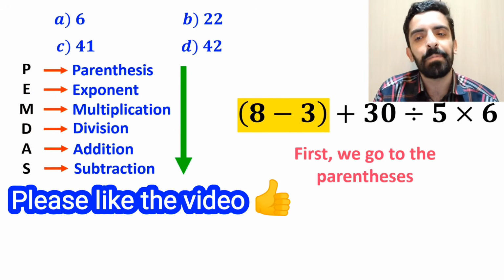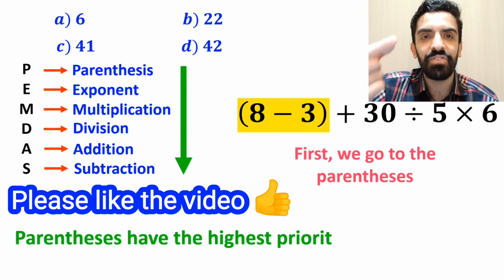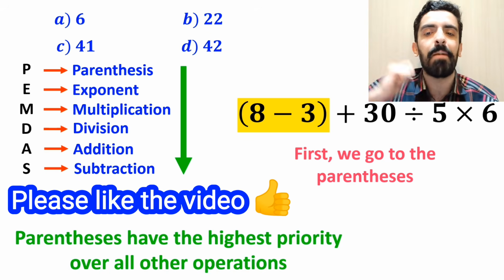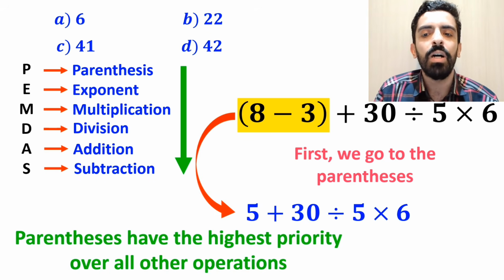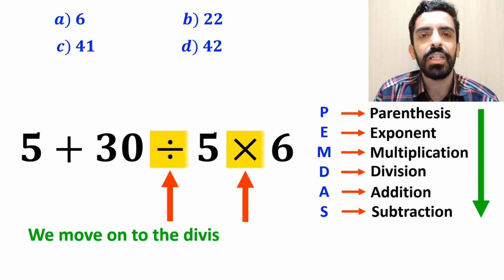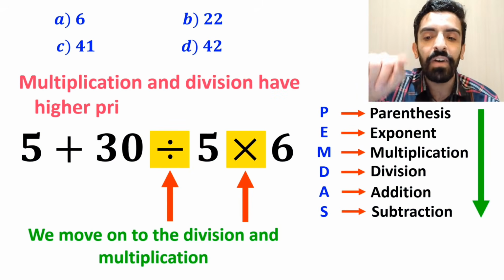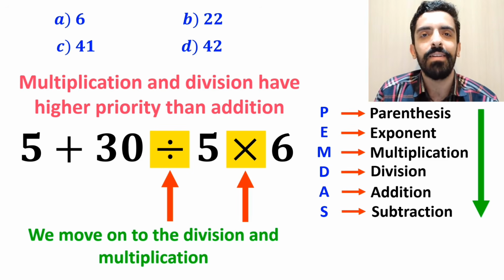Okay, first we go to the parentheses because according to the PEMDAS rule, parentheses have the highest priority over all other operations. So, we can write this expression as 5 plus 30 divided by 5 multiplied by 6. In the next step, we move on to the division and multiplication because multiplication and division have higher priority than addition.